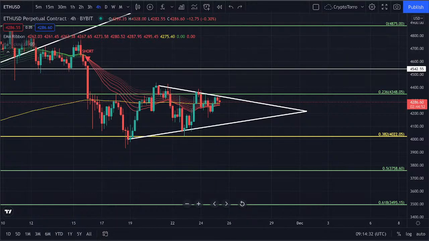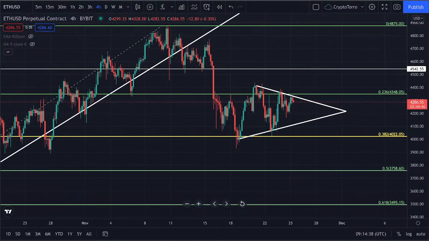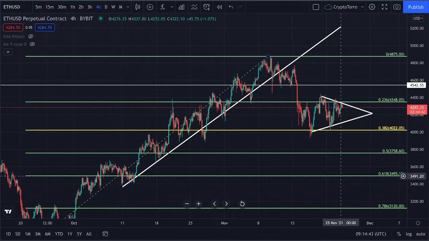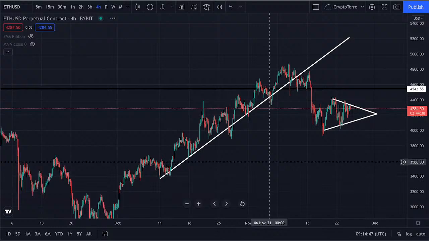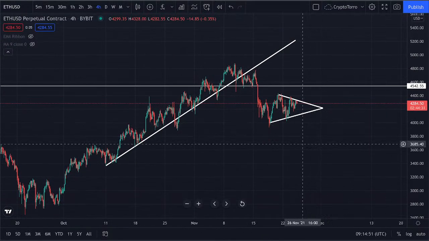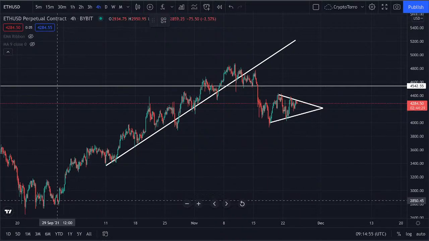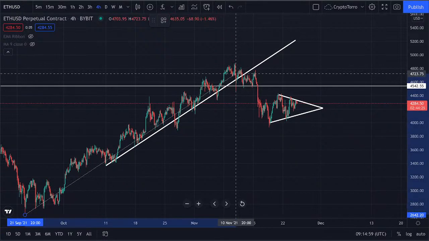Well, lastly, I would like to take a quick look at what the RSI is showing us, but before doing so, I would highly appreciate if we could place a different type of Fibonacci. Why I'm placing a different type of Fibonacci retracement is mostly because I think it will be a more accurate level of support and resistance for the immediate short term, and this is why I will be placing it.